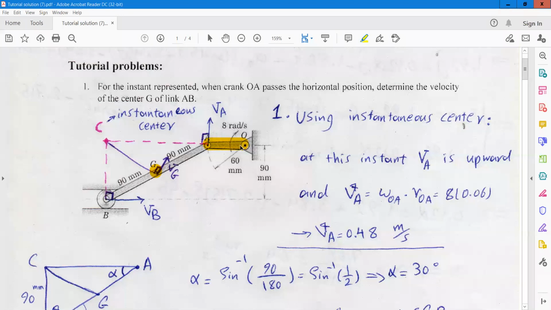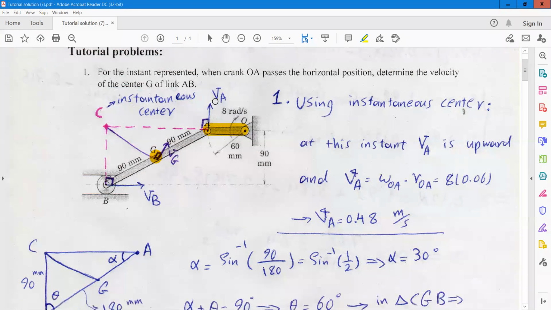So easily, if you want to find the velocity of each point on this link, the velocity is equal to r times omega, where omega is 8 radian per second, and r is the distance from the point to point O. Here we need the velocity of point A, that we call V sub A. At this instant, because link OA is completely horizontal, VA is perpendicular to this link, so VA is vertical at this instant.